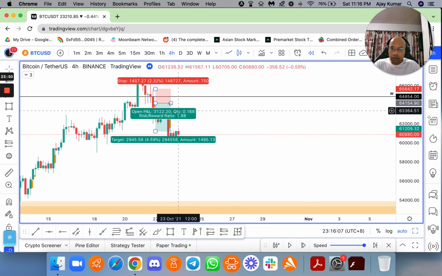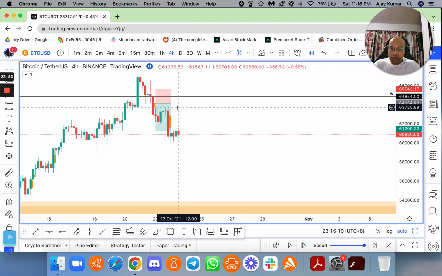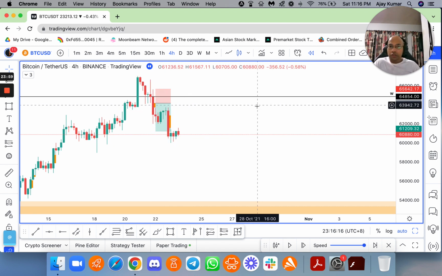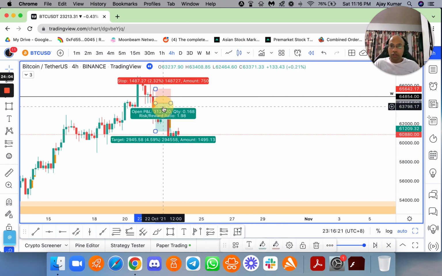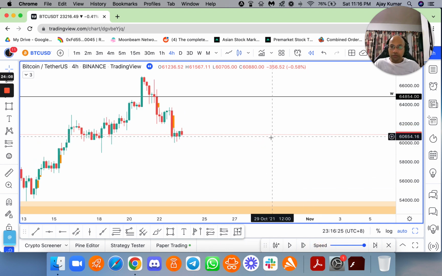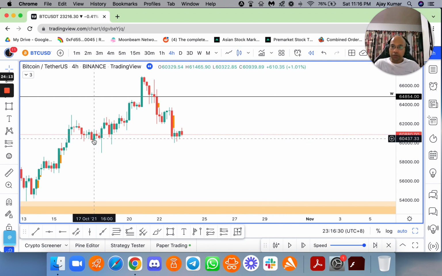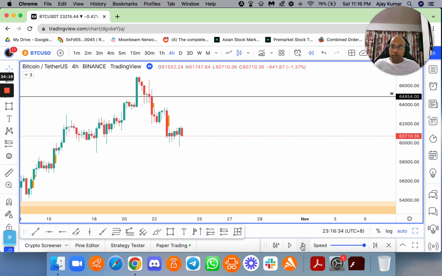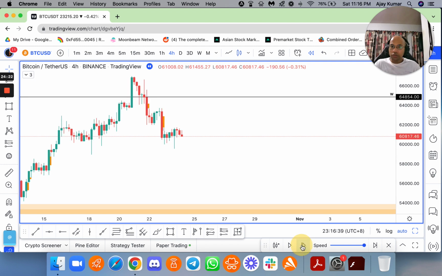See, if we had kept our entries a bit lower at the beginning of this fair value gap, we would have gotten a nice entry. Okay, never mind. I won't enter another shot until price breaches this low. It hasn't breached.